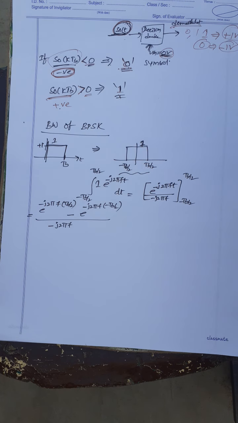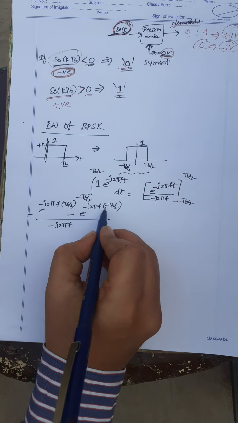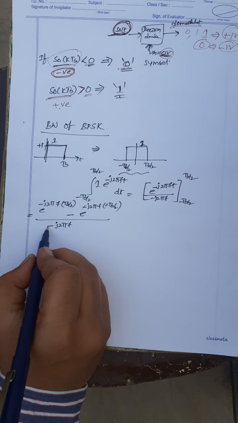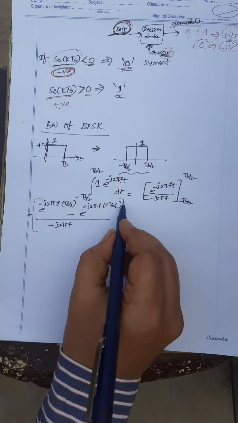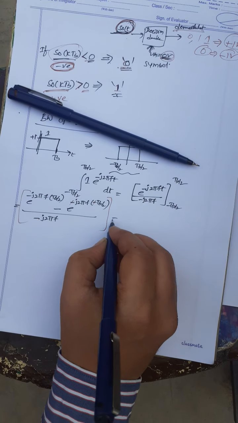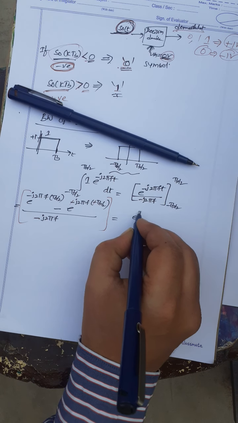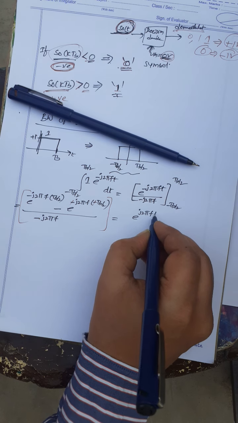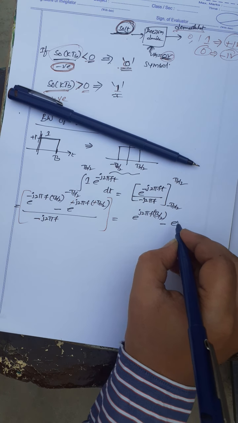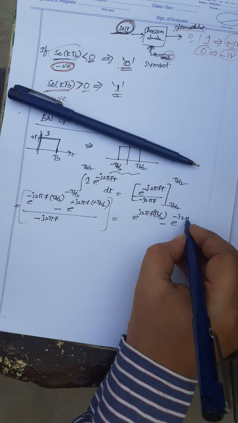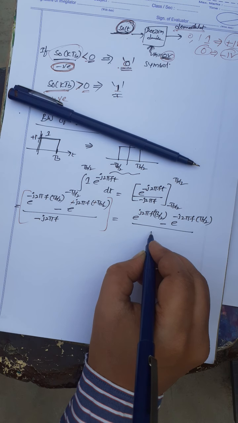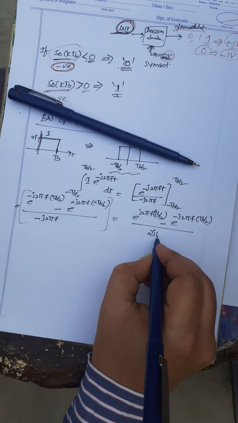Now see here, minus and minus, minus becomes plus. Now this minus I am taking to the numerator side, so here I am getting e power j 2 pi f Tb by 2 minus e power minus j 2 pi f Tb by 2, divided by 2j pi f.